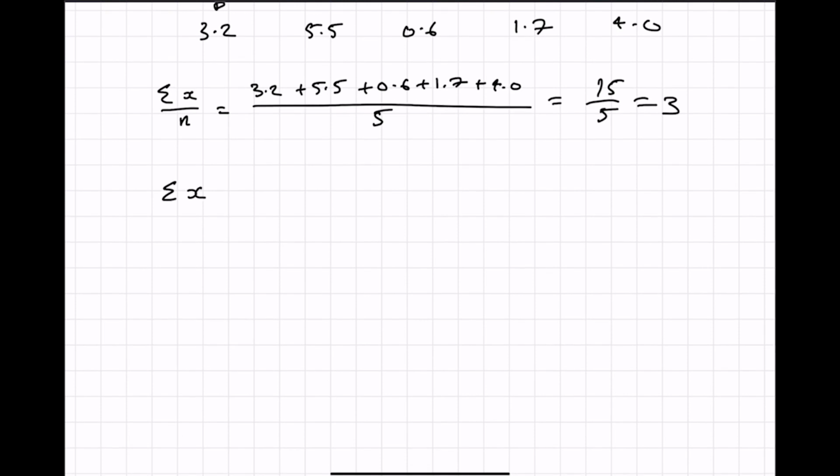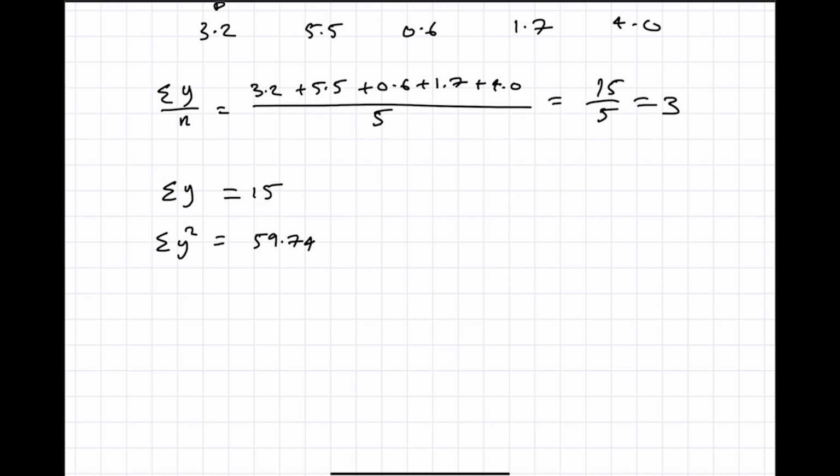We find the sum of x, which we knew is 15, or since we're finding the coded data, I think it's better to call these values x, and the original values y. What is the sum of x squared? Let's quickly figure that out. It's 3.2 squared plus 5.5 squared, and so on. Doing that gives us a total of 59.74 for all of the data.